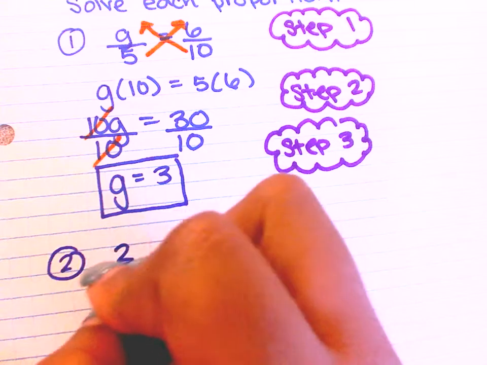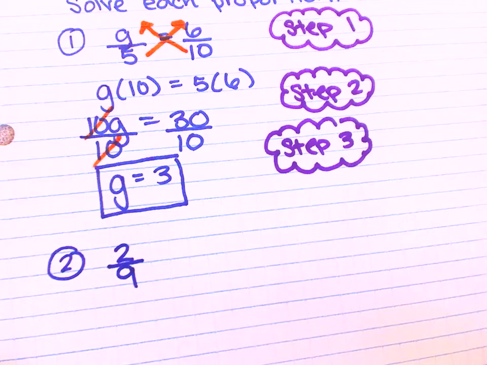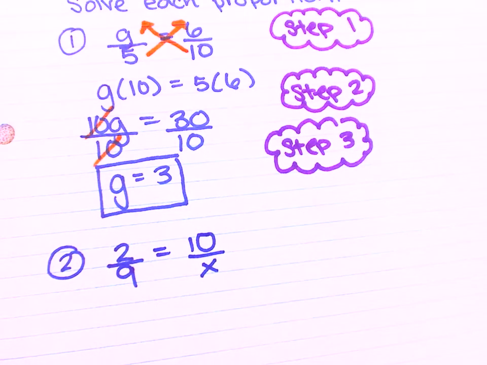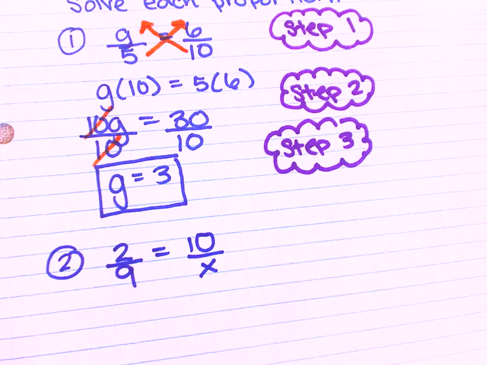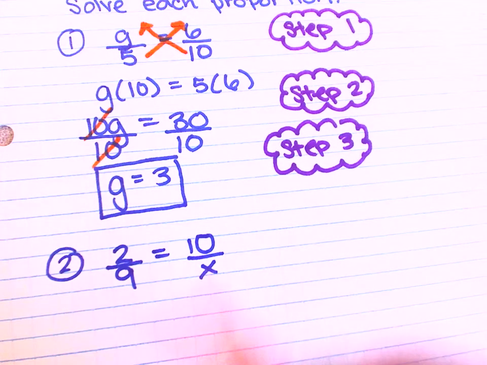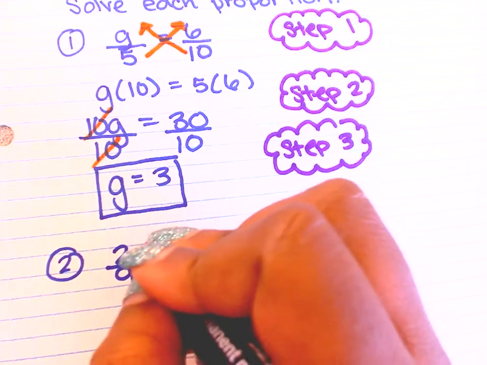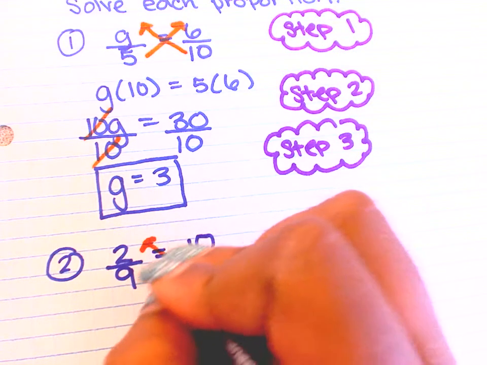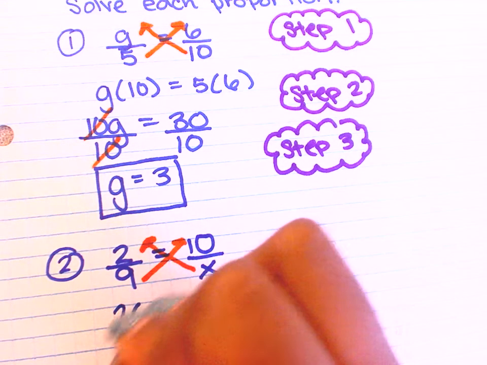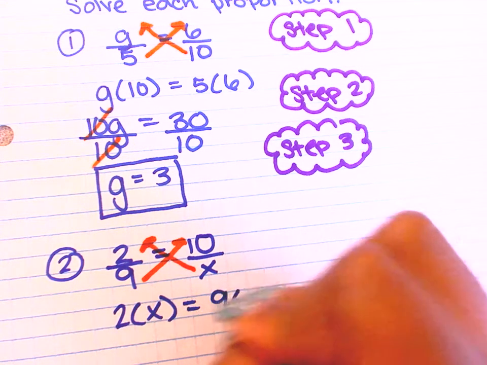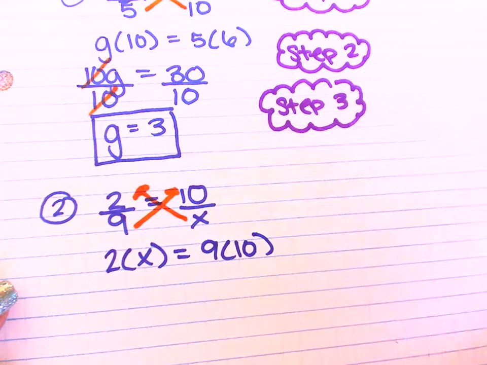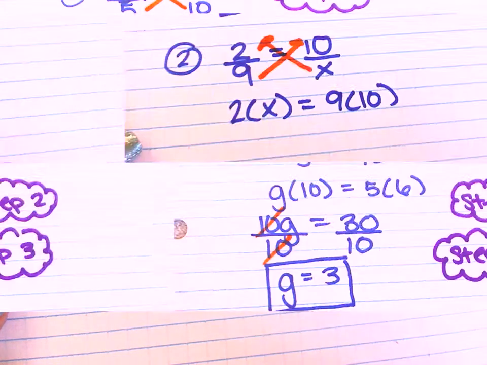2 over 9 equals 10 over x. So I look back at my step 1, and it tells me that I need to cross multiply. So I know I'm going to multiply x times 2 and 9 times 10. So again, I have 2 times x equals 9 times 10. I go back and look at my step 2, which tells me to simplify each side.